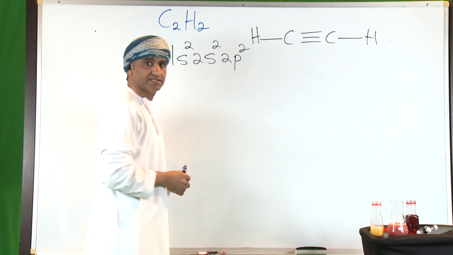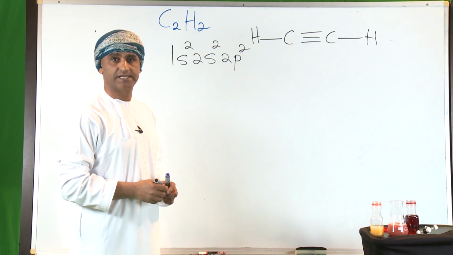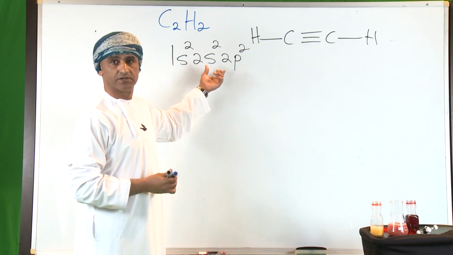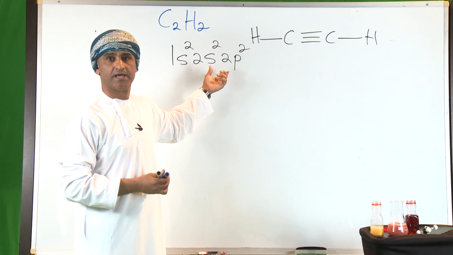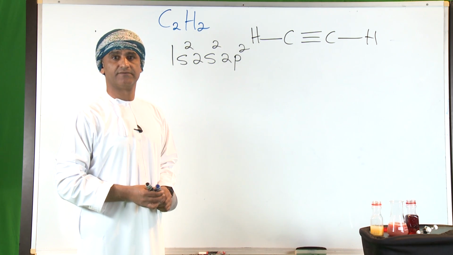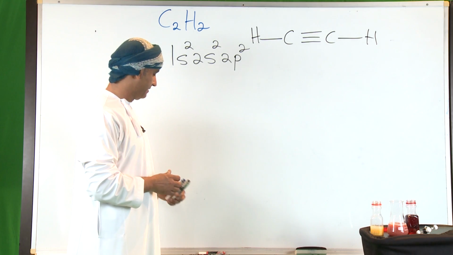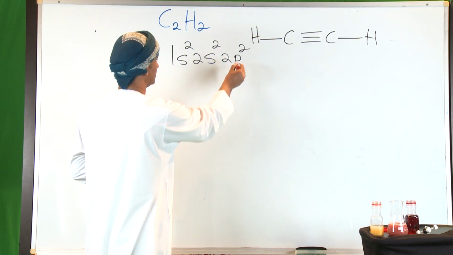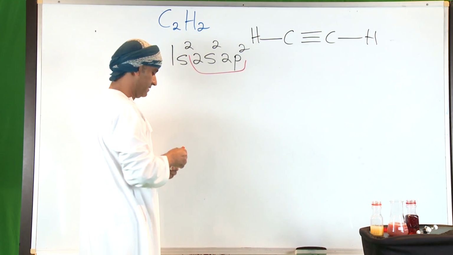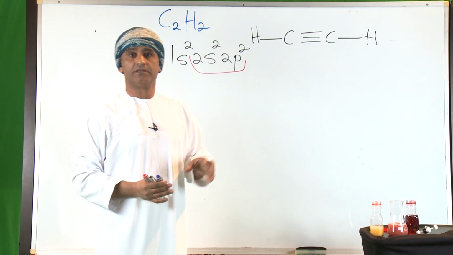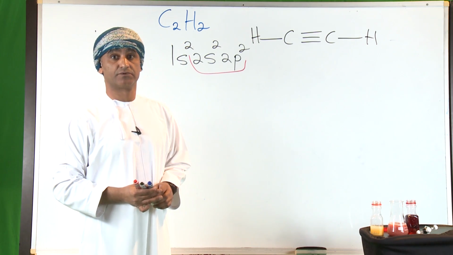There are 4 valence electrons in this case, 2 core electrons. The valence electrons are the ones located in the outermost shell or the highest principal quantum level, the ones in shell number 2. These are the valence electrons, and it is again the valence electrons that are responsible for bonding.